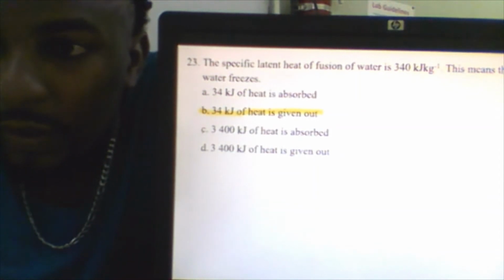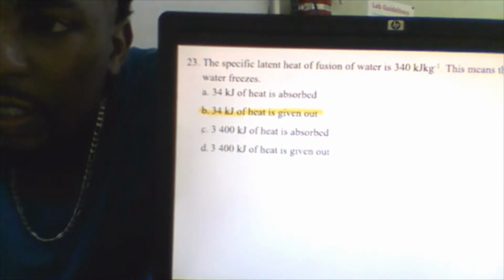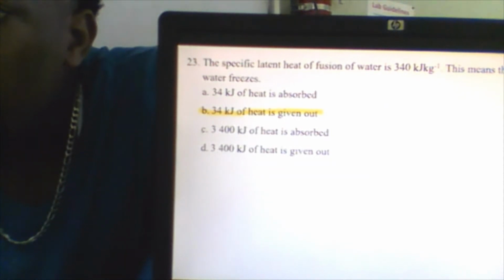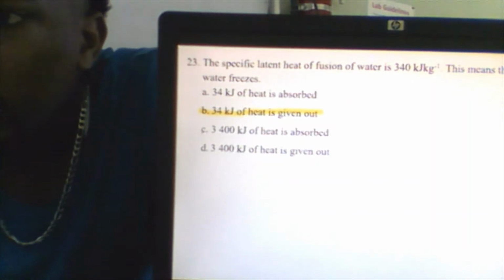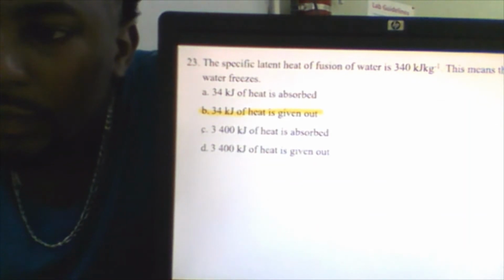As we know, E equals ml. Let me see if I can write that there for you.